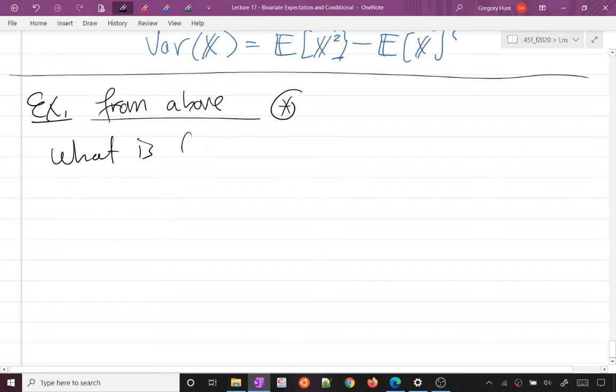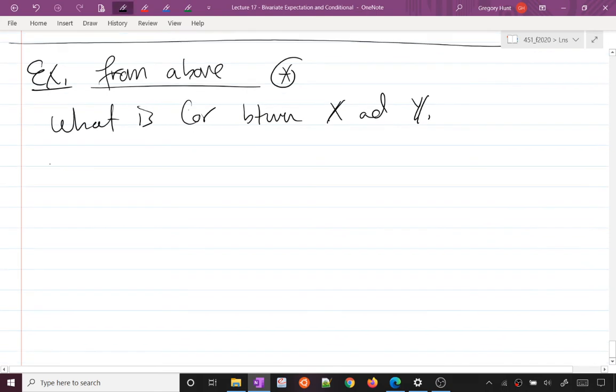Now, let's say, what's the correlation between x and y? Okay, so we had shown that the expected value of the product was 7/12, I believe, right?